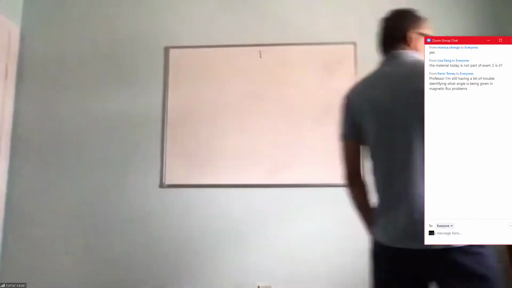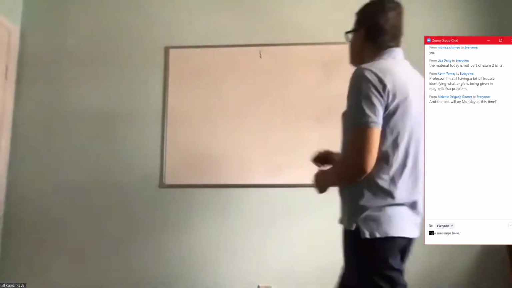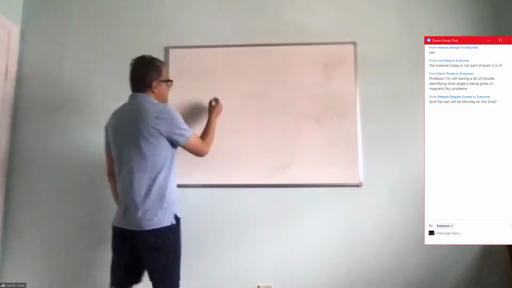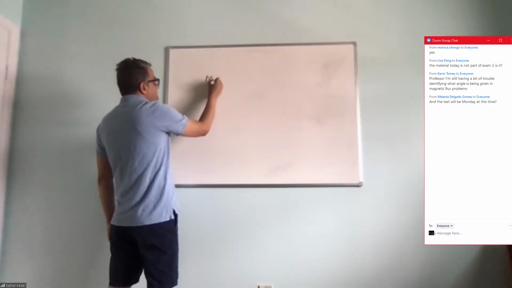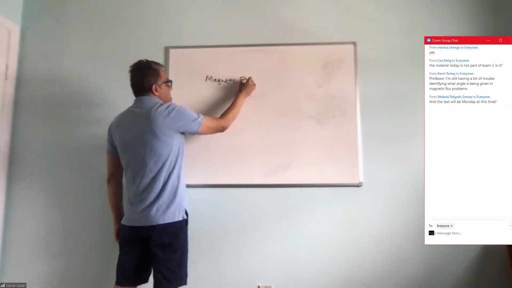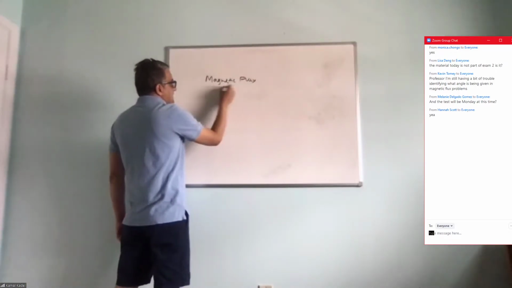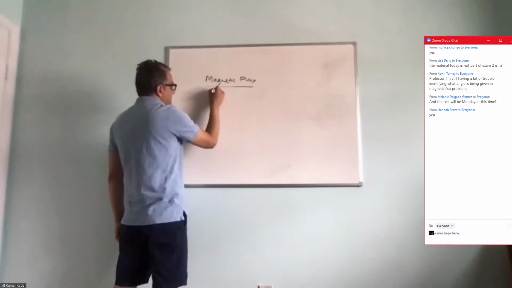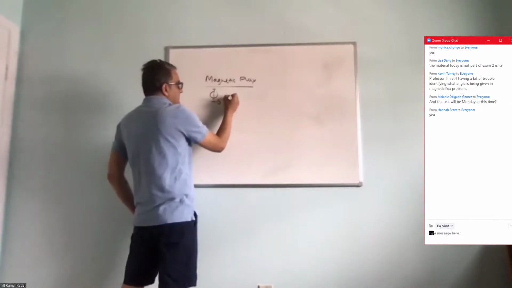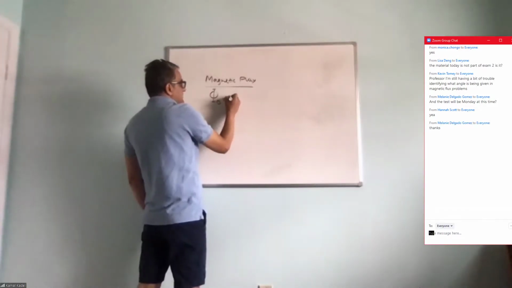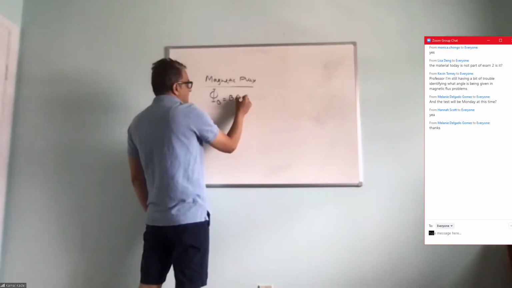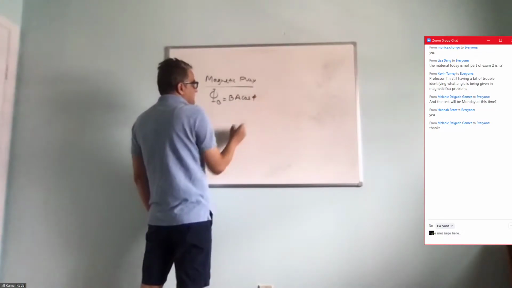Okay, so for magnetic flux problems, we define magnetic flux, phi B, as B A cosine phi, right?